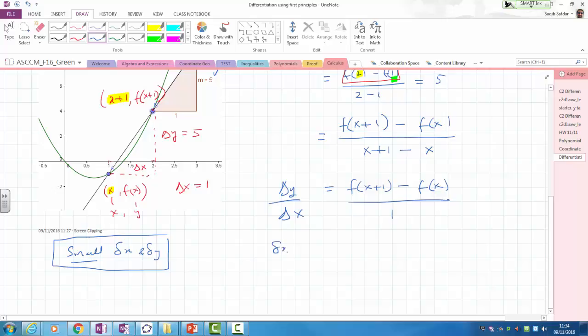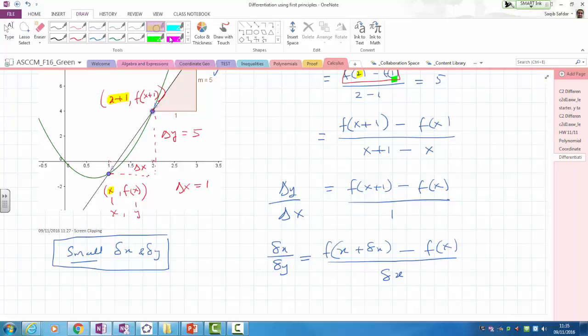So we'll write delta y over delta x equals f(x plus our change in x), take away f(x), divided by our change in x. So in other words, instead of writing 1, all I've done is said, well, it doesn't have to be 1, it could be any small amount, and I'll put delta x.